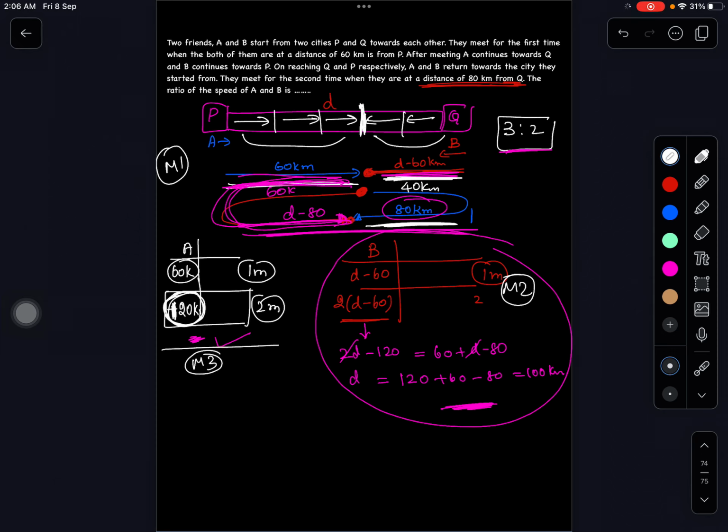There is a third method where, let's say, I have no idea that for the first meet, if they're traveling one circumference, one track length, for the second meet, they would have traveled 2 more track lengths, etc. That concept I don't know. Now, how do I still solve this particular problem? We can follow the speed ratios, and we can still solve it.